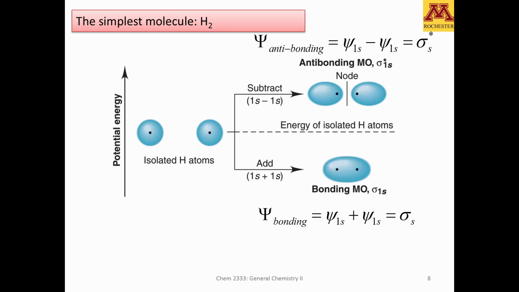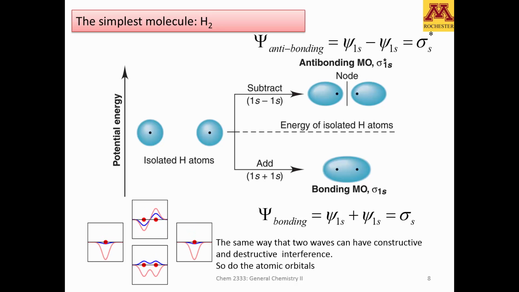The first take-home message is that if you combine two waves, two atomic orbitals, you can have a destructive and a constructive interference. So imagine that for the simplest of the molecule, H2, you combine the 1s of one hydrogen and you combine the 1s of the other. These are waves, and as you approach them, you can approach them in a way that they form constructive interference.